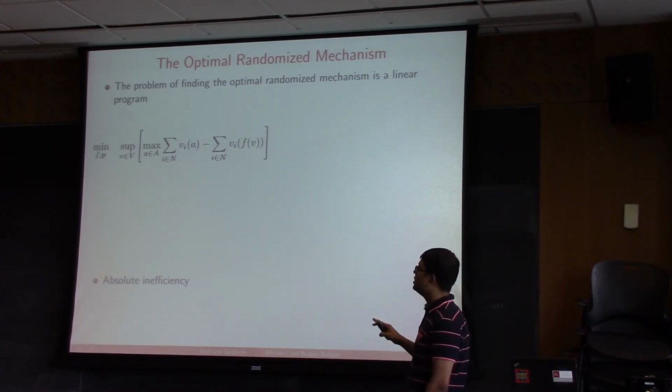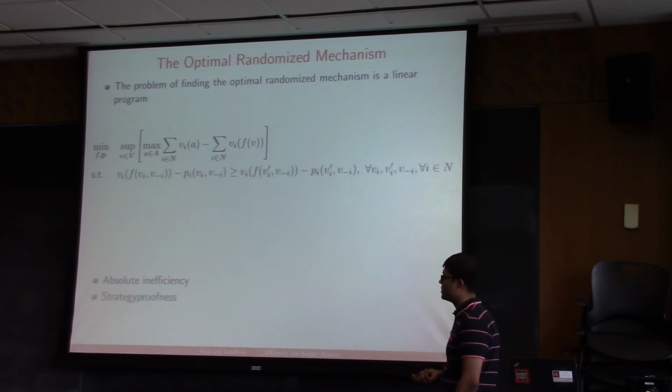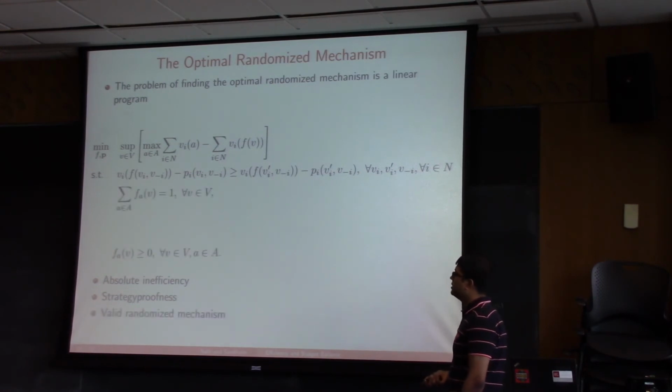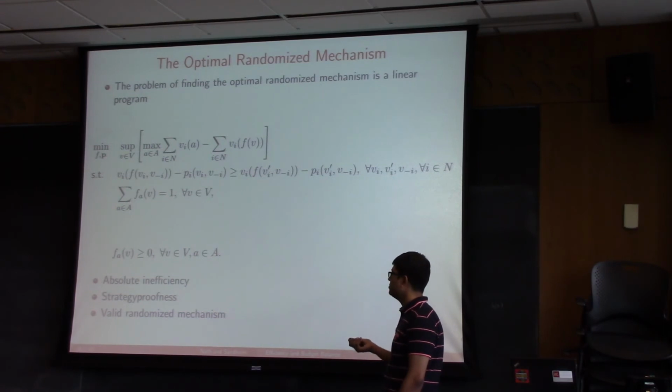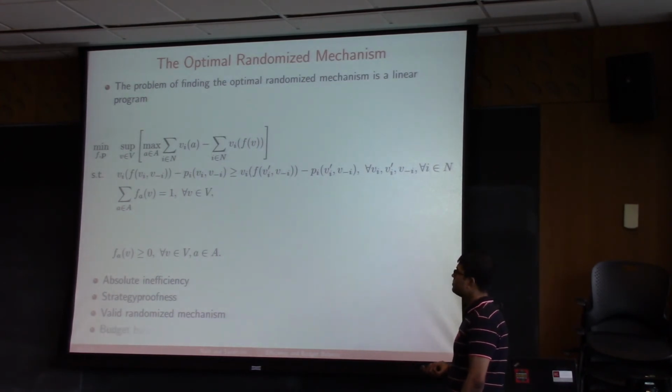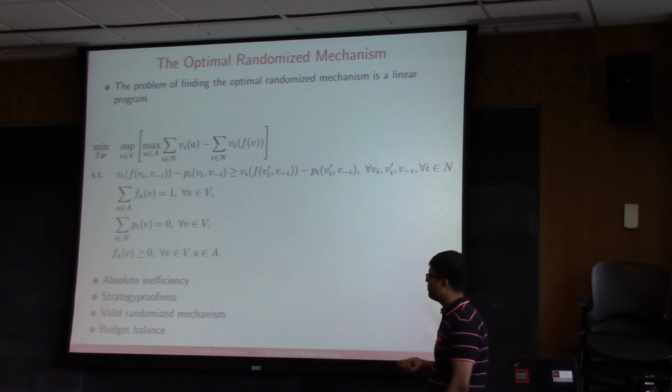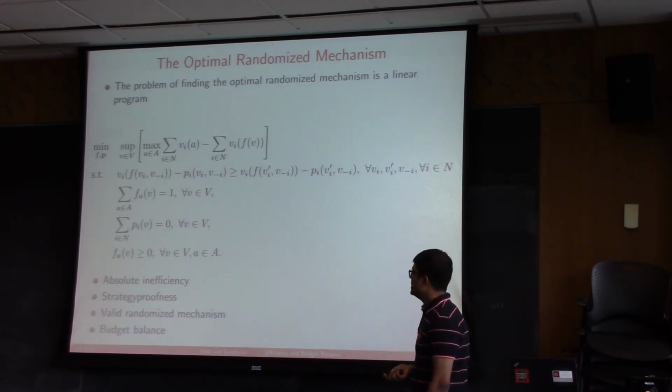We are trying to minimize with respect to the mechanism, F and P. This mechanism has to satisfy certain constraints. The first is the strategy proofness constraint. The second is to make sure that this mechanism is a valid randomized mechanism, that is, it is non-negative and sums to 1 for all alternatives. The last requirement is that the payment should be budget balanced.